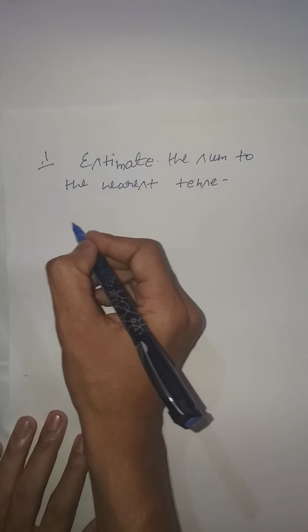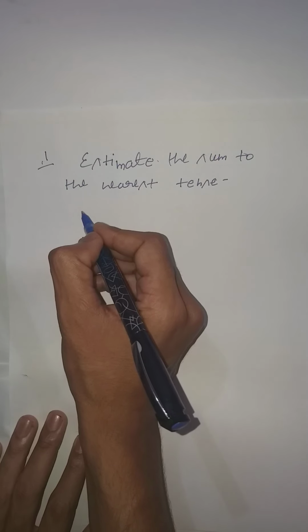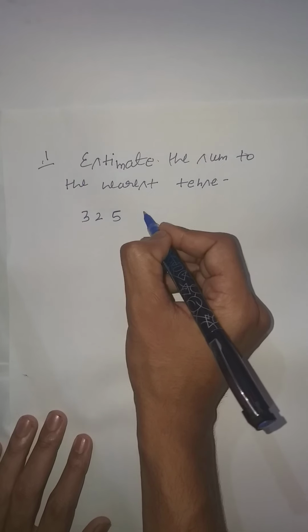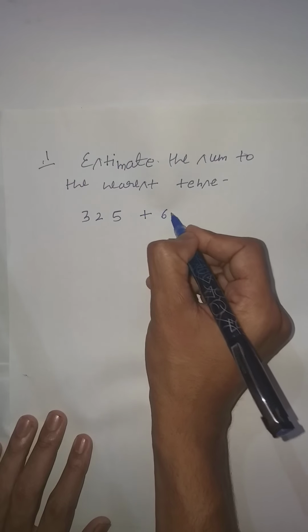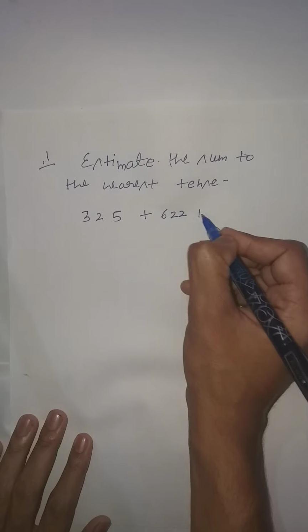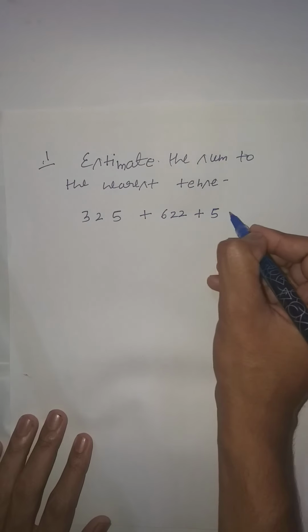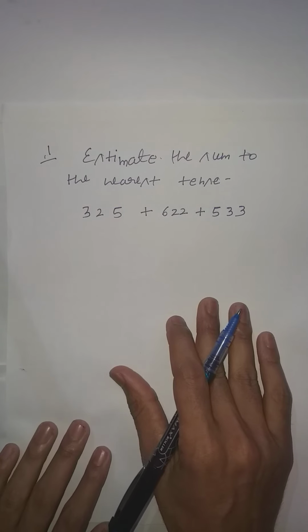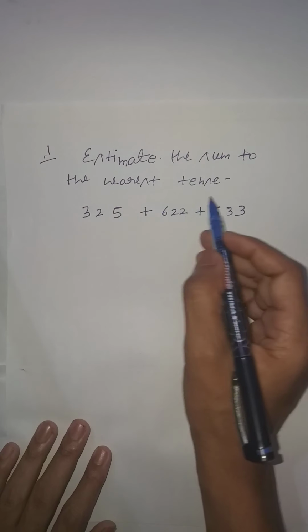Okay, now if you have to solve 325 plus 622 plus 533. Now in this question what you have to do, you have to estimate the sum to the nearest tens.